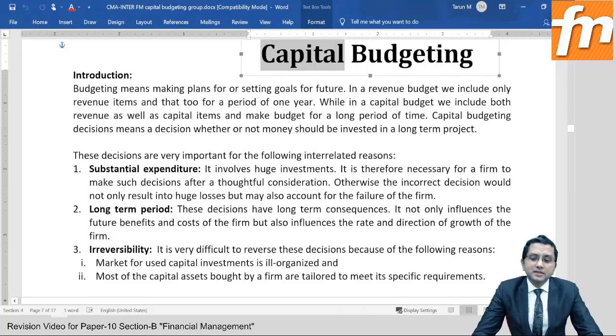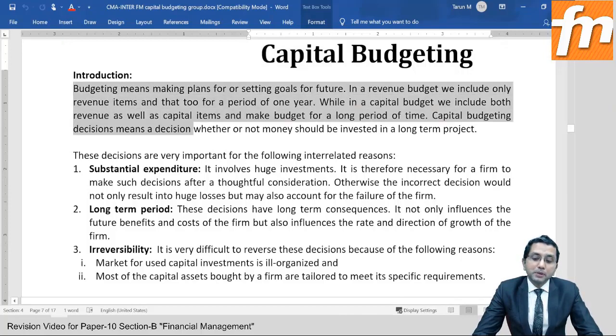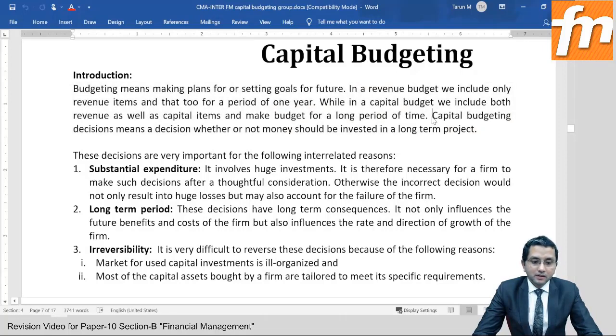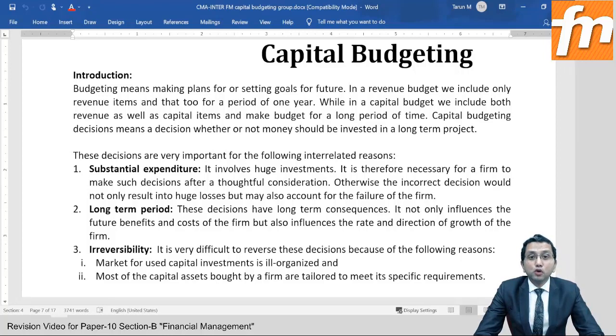The question is, why do I prepare a capital budget at all? Actually, whenever I want to invest my money in a long-term project, before investing money, at the time of taking the decision, I prepare a capital budget.